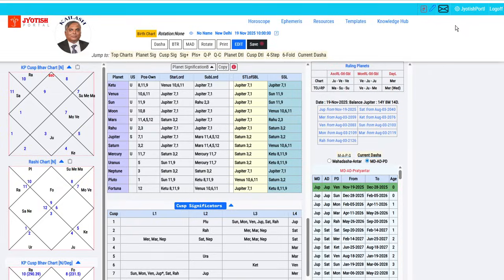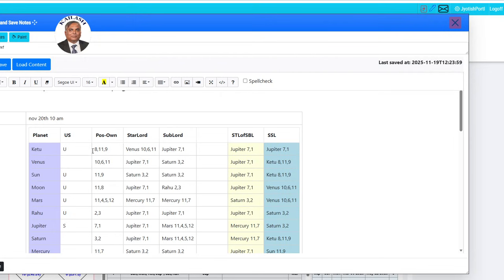Now let's look at the 19th. This is 19th, same time, 19th, 10 a.m., New Delhi. And this is our table. So we are going to double click on this and then open our editor, and this is 19.